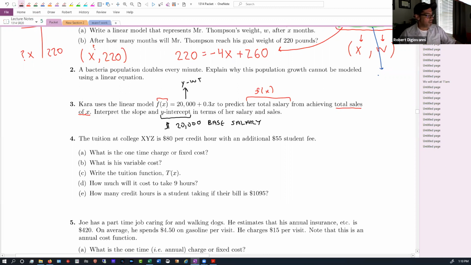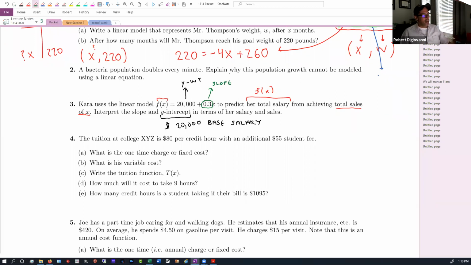Okay, and then what would the slope represent then? So what would this 0.3 represent? That's the slope. This is a trickier problem, so I think I'm going to answer it this first time for us. The 0.3 is the rate of change of her total salary.